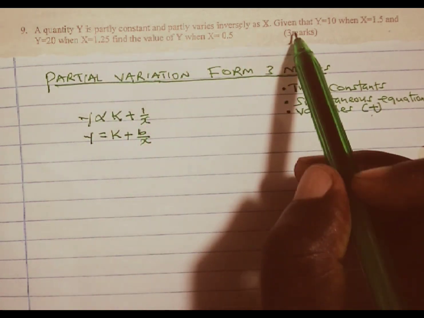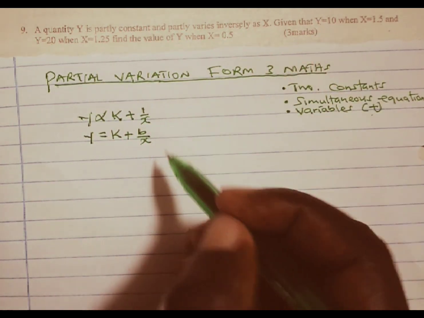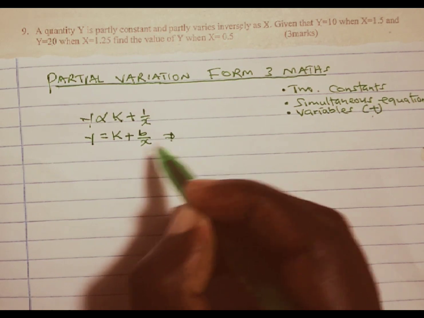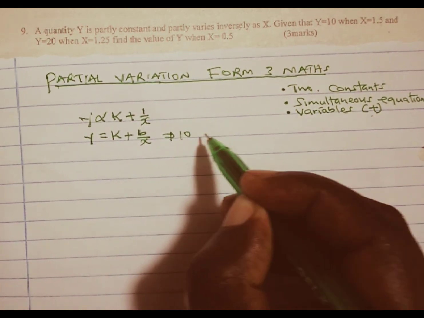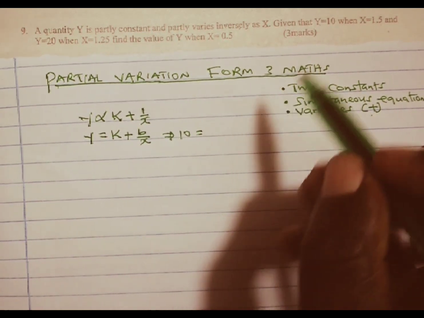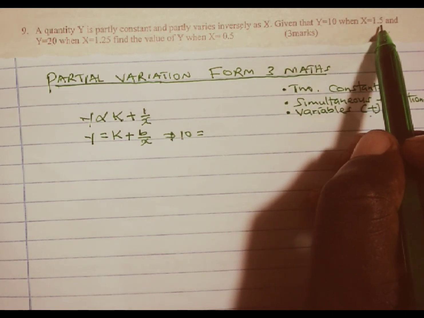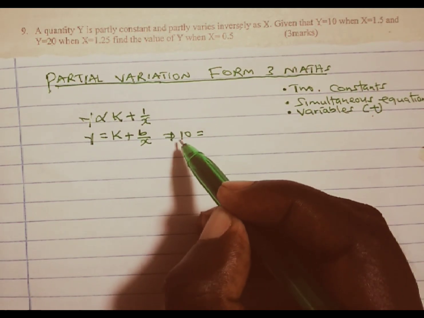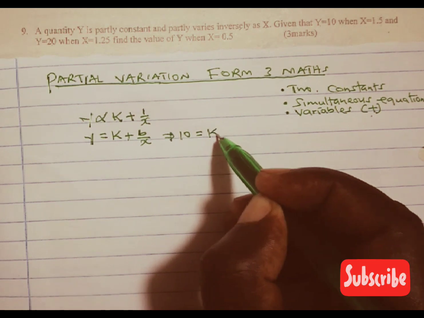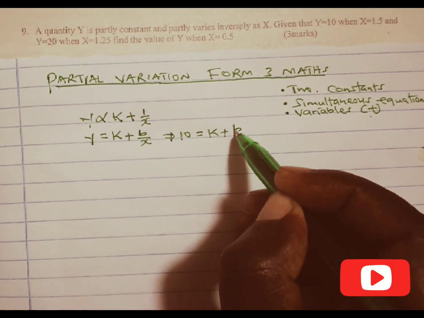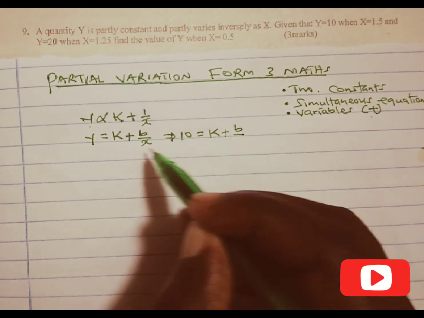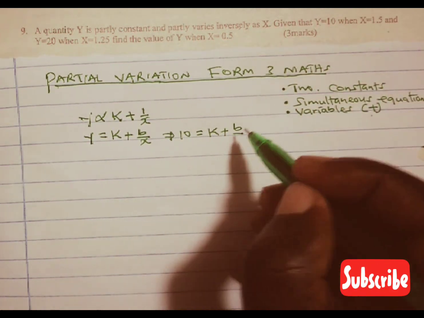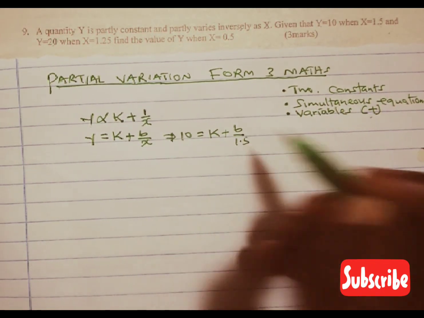We are told, given that y is equal to 10 when x is equal to 1.5, it means 10 will be equal to k plus b divided by the value of x, and the value of x is 1.5.